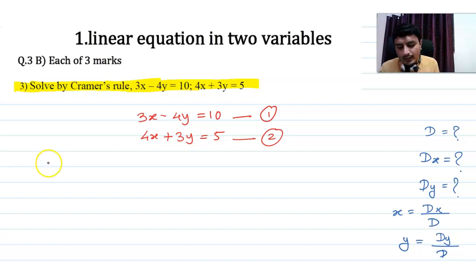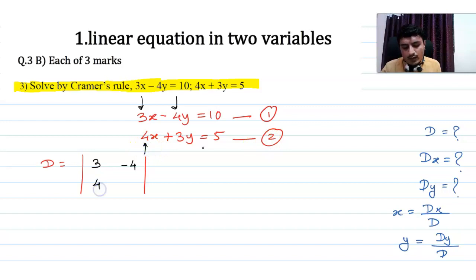At the start I am evaluating the value of d. d is the determinant of coefficients of x and y from equations 1 and 2. In equation 1, the coefficient of x is 3 while y is minus 4. In equation 2, the coefficient of x is 4 while the coefficient of y is 3.